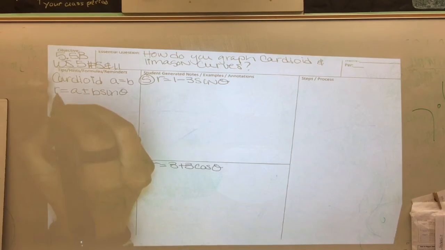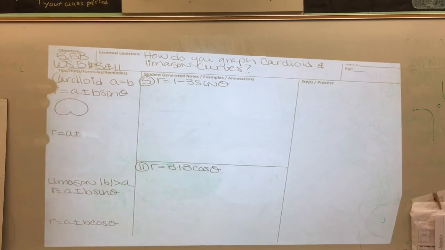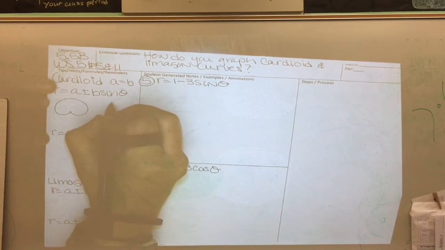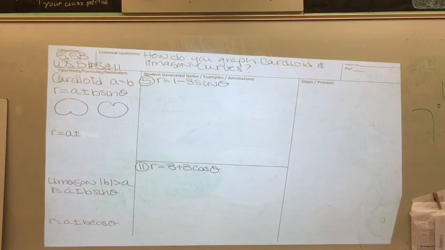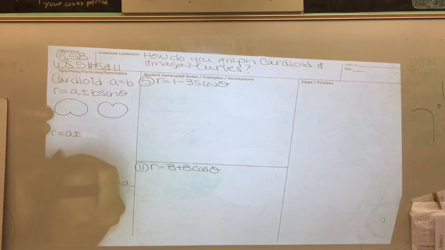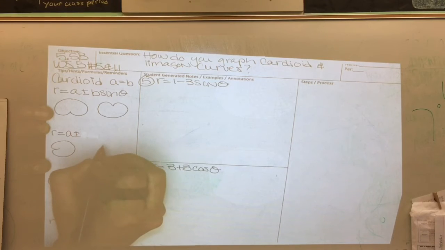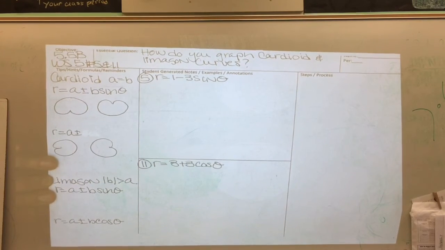Sine cardioid curves look like this. Like that one. Or like that one. Cosine cardioid curves look like that. Or like that. Limaçons have an inner loop. They're almost exactly the same as the cardioids.